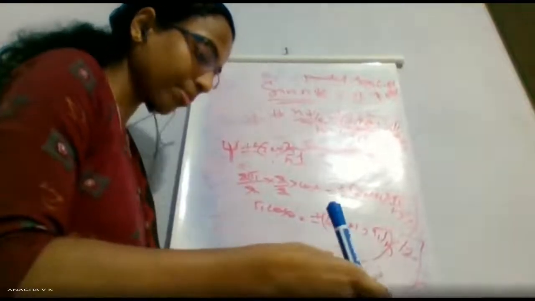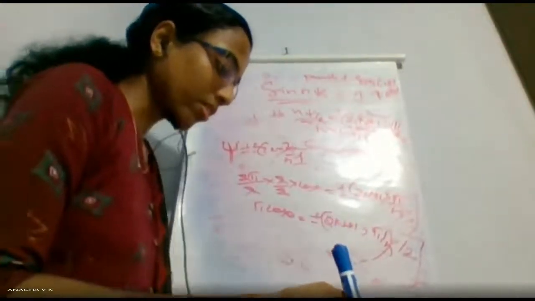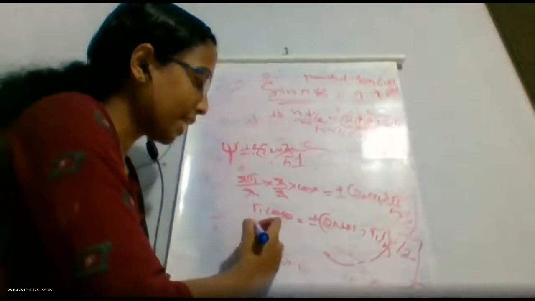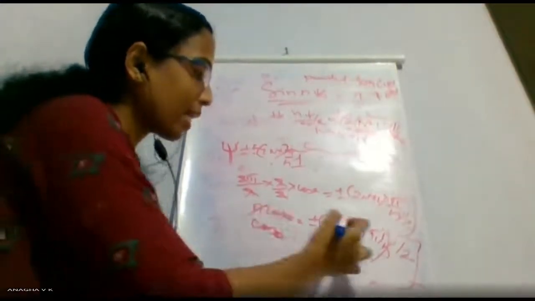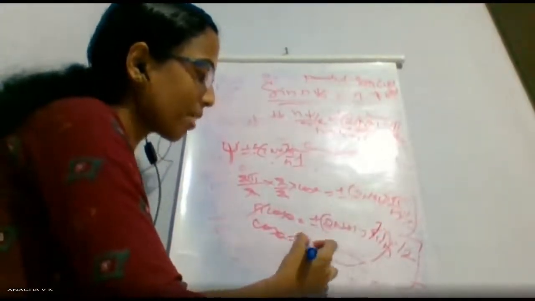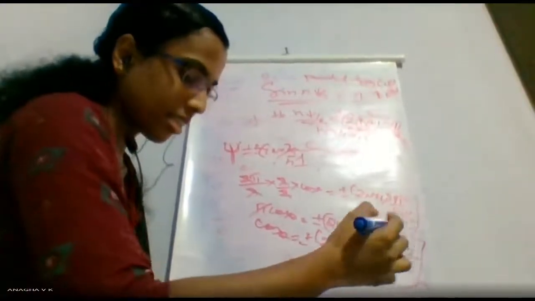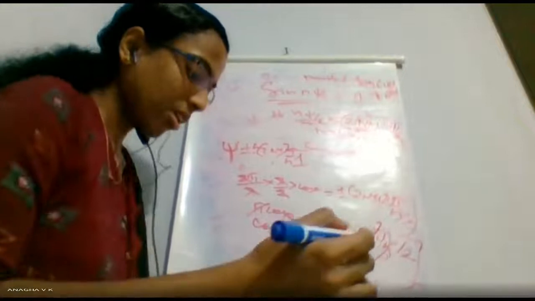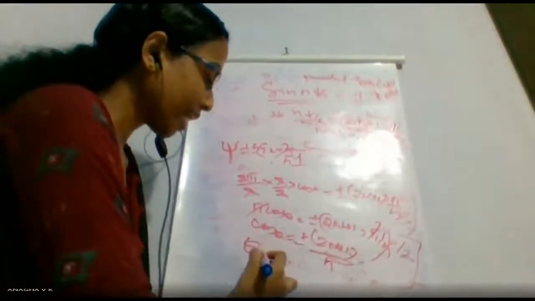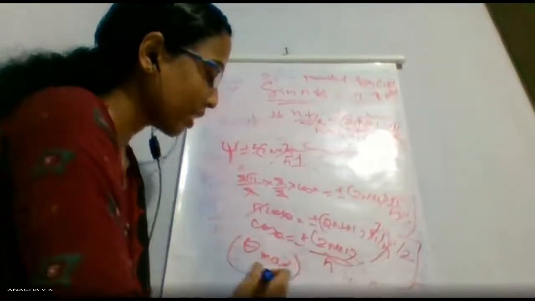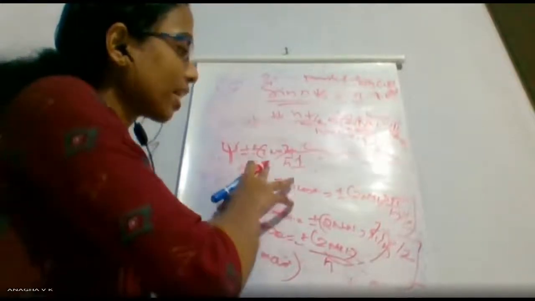So cos theta equals, pi gets cancelled, plus or minus (2n plus 1) by N. So what can we write about theta max? This is the maxima I am discussing.